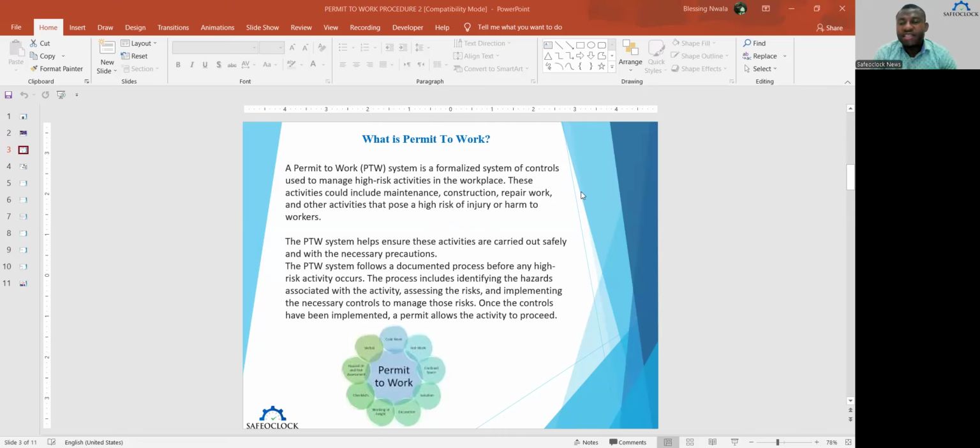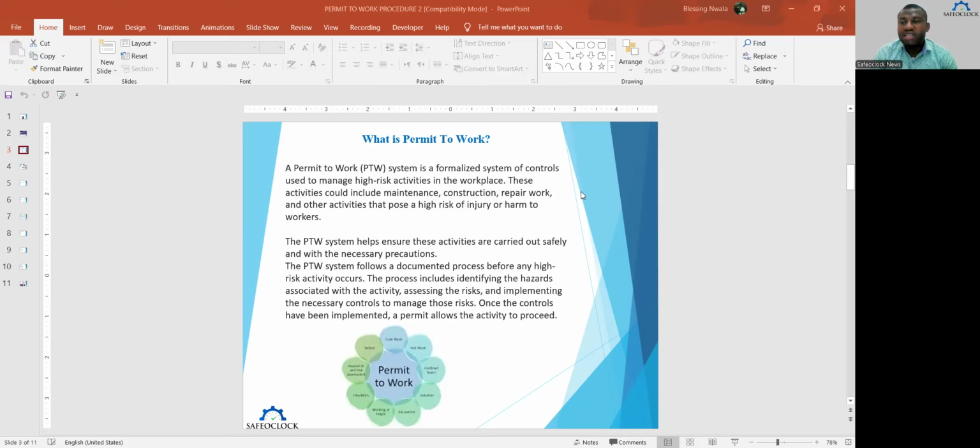Let's look at a brief definition of permit to work. It's a formalized system that helps us to control high-risk activities in the workplace. It's formalized in the sense that it's an agreed procedure, an agreed method that everyone must comply with for every identified high-risk activity.